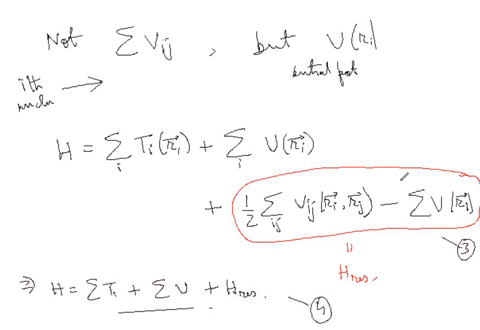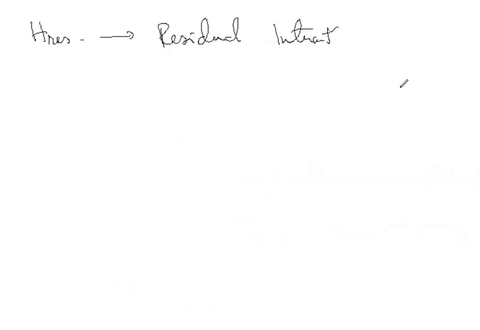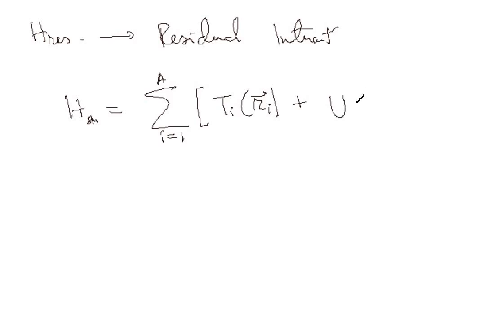So you see, the hope of the shell model is that the contribution of H residual is small, or basically the shell model Hamiltonian is H0 equal to summation over I equal to 1 to A of Ti Ri plus U ri.